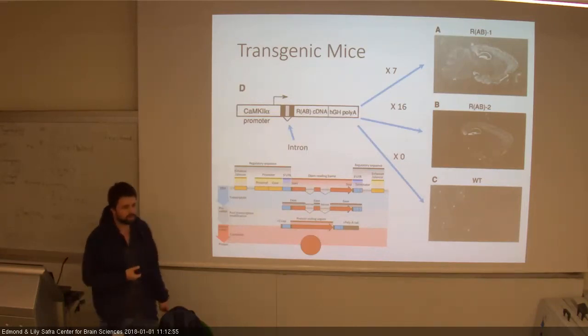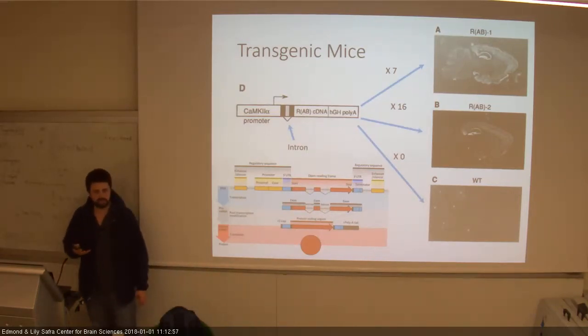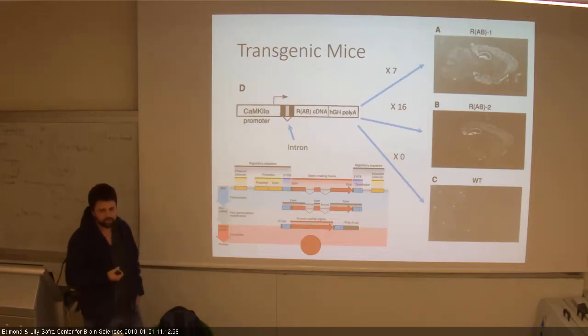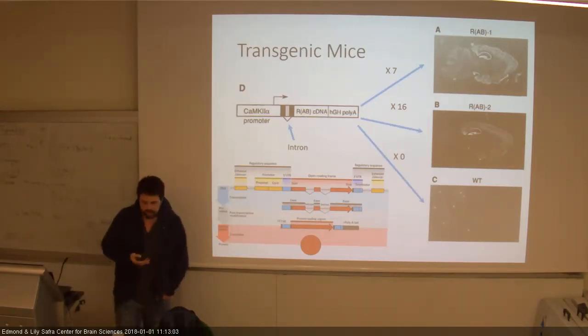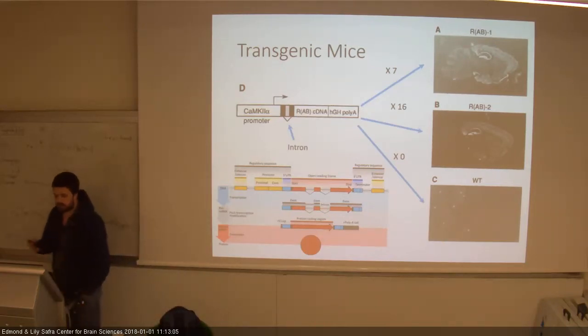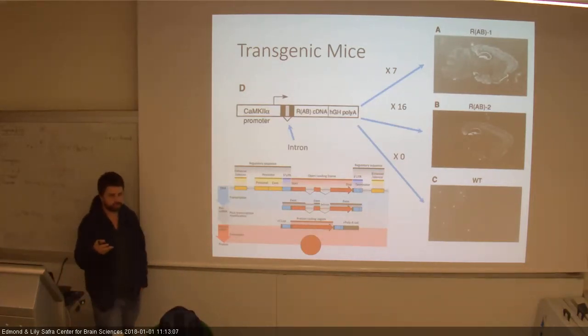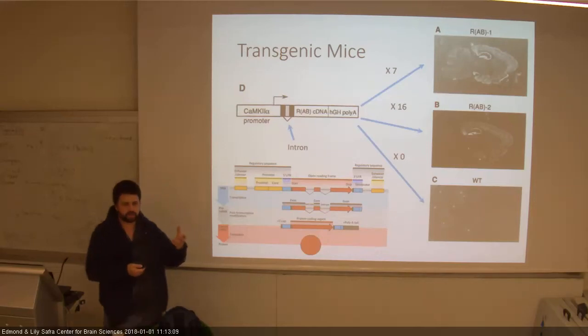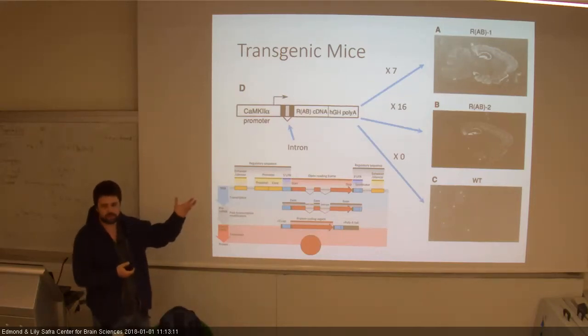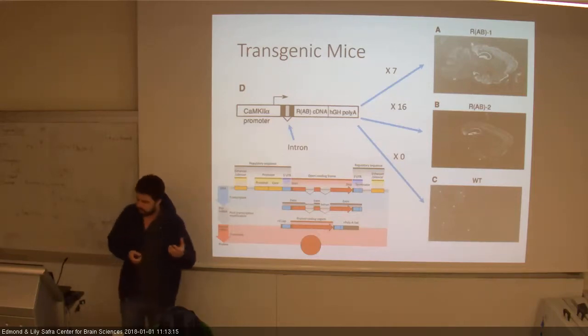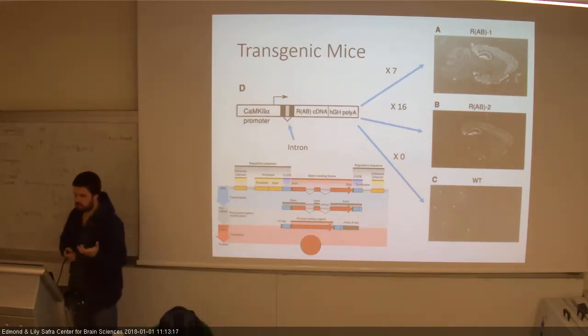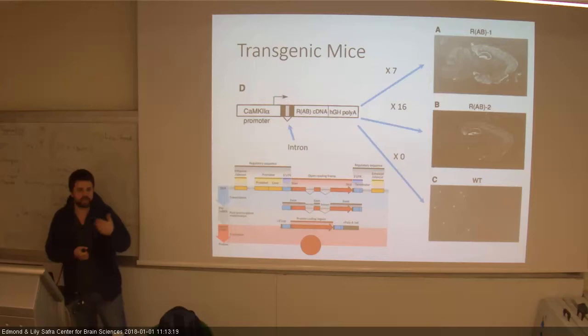But why do that? They said it was to enhance expression of transgenes. Again, nowadays we have better ways to enhance expression, but theoretically what they did is that they introduced an artificial construct into a cell. And a lot of times there's this notion that the cell is highly regulated.